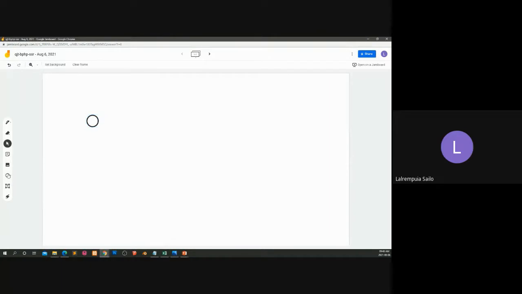Here is the example of the mobile device. It is moving from this point towards this one, and here we have a mobile tower.